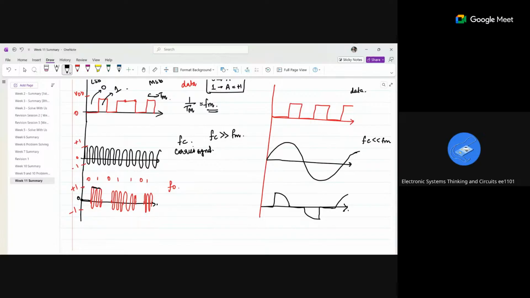Not even one sine wave is complete, right? I will not be able to reconstruct the signal. So that's why this rule is given: my carrier signal's frequency must be much, much greater than Fm. So is amplitude modulation clear?